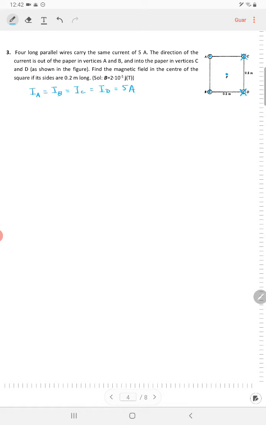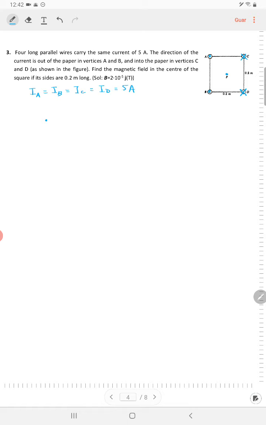So we know that when we have a wire, if we look at it from above, and the current is going out of the screen, using our right hand, we can remember the direction of the magnetic field around the wire.